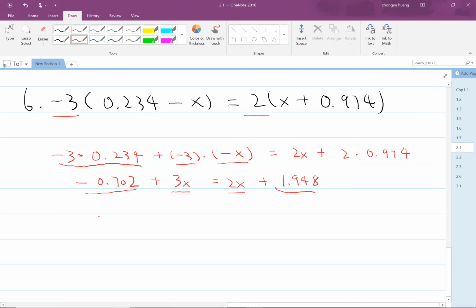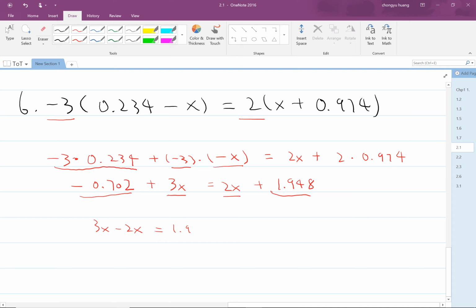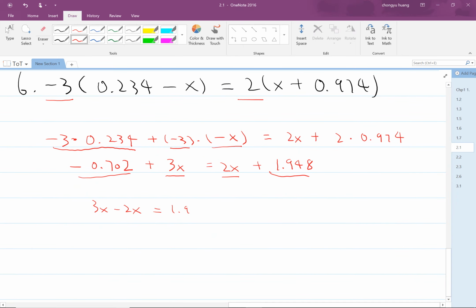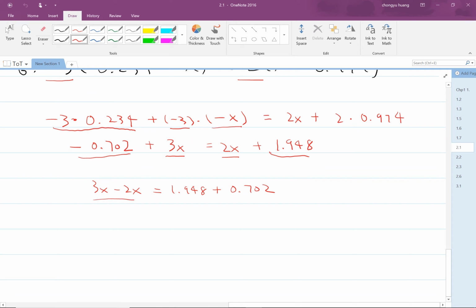So we have 3x minus 2x is equal to 1.948, and then the negative 0.702 just becomes positive, so it becomes plus 0.702. 3x minus 2x is actually equal to x.